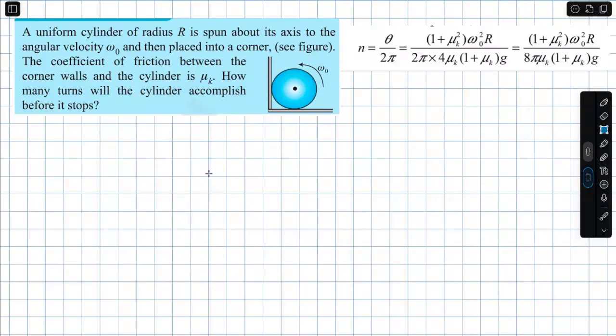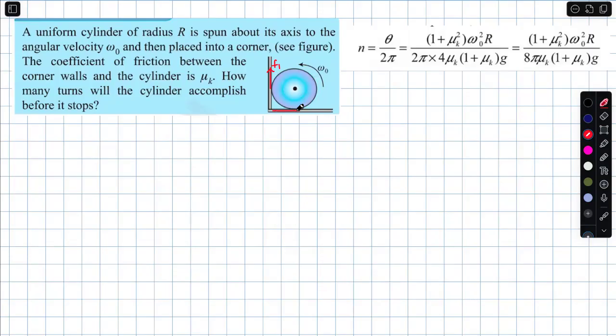Now see the direction of the spin. When this is spinning like this, the wall will exert a frictional force F1.